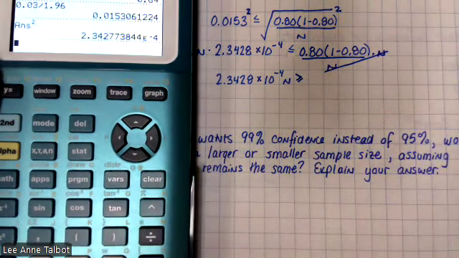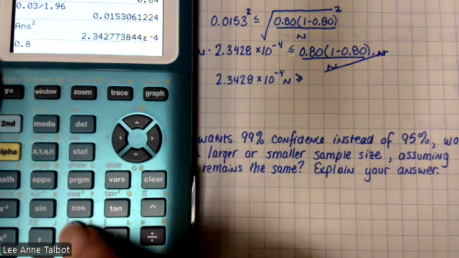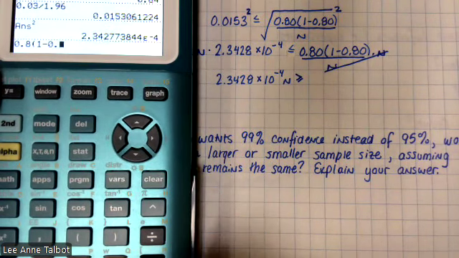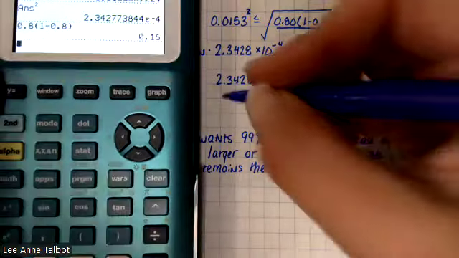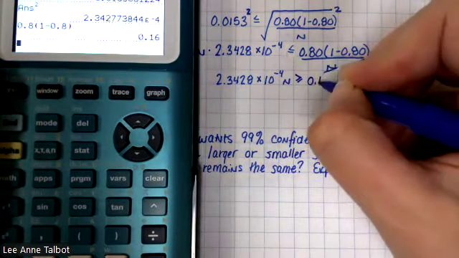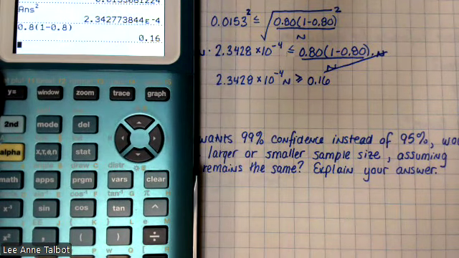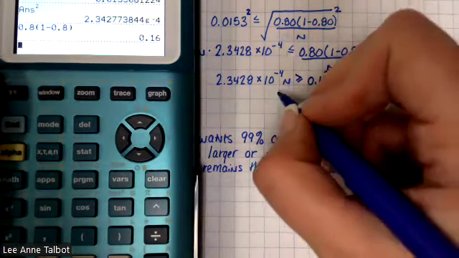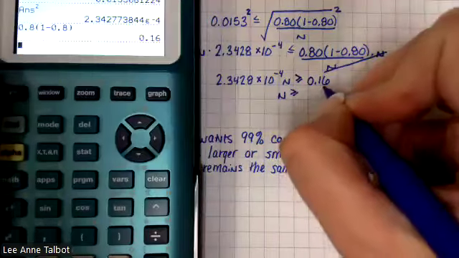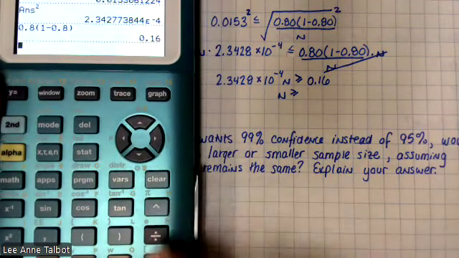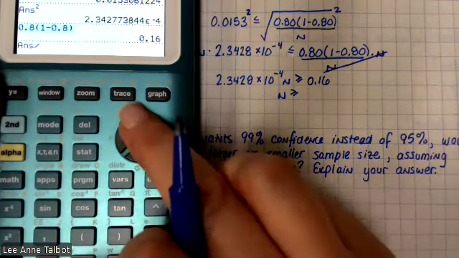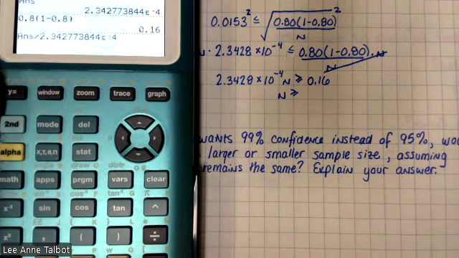Okay, anyway, so 0.8 times 1 minus 0.8. So now I'm going to divide both sides. So 0.16 divided by that.